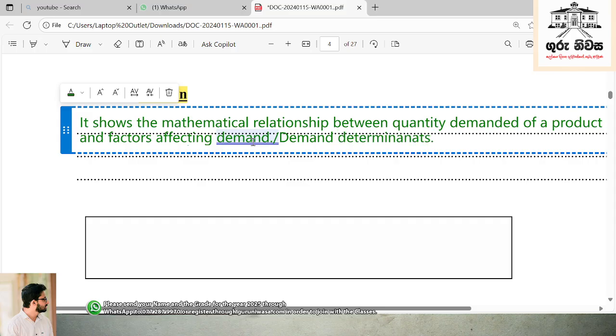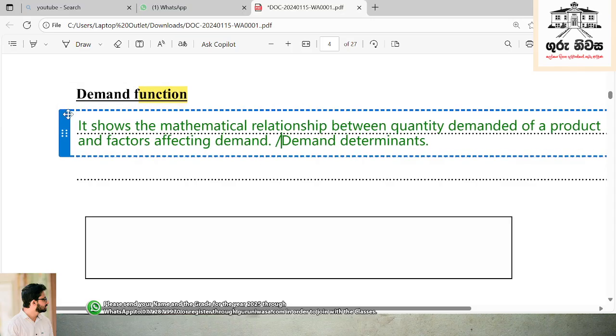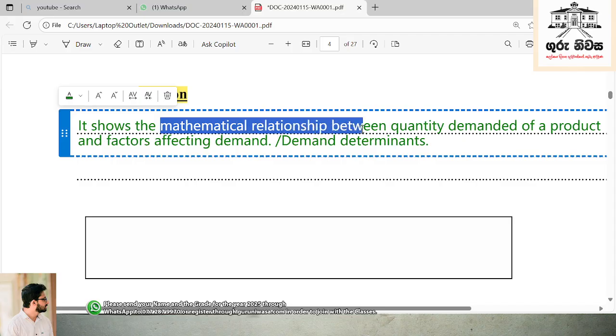Mathematical relationship, remember. It's a mathematical relationship.